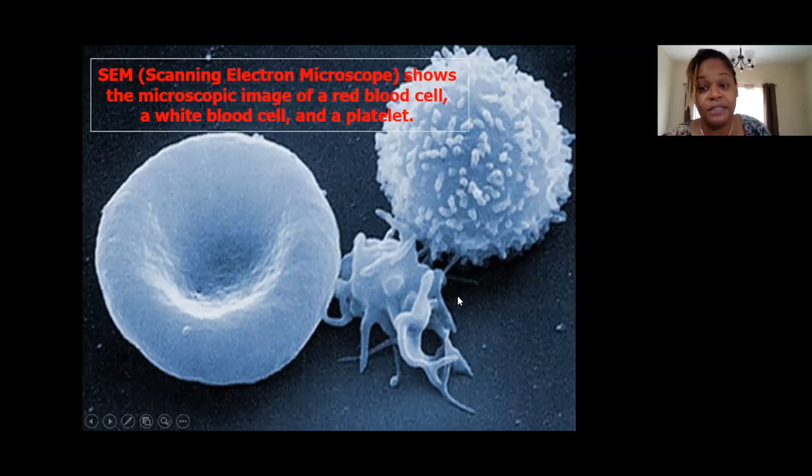And I want you to get comfortable in using the alternate names as well. So this is our red blood cell. Anybody remember what our red blood cell is also called? I'm waiting for an answer. Very good. Erythrocytes. Our platelets, we also call them thrombocytes. Very good. And finally, this is our third cell.